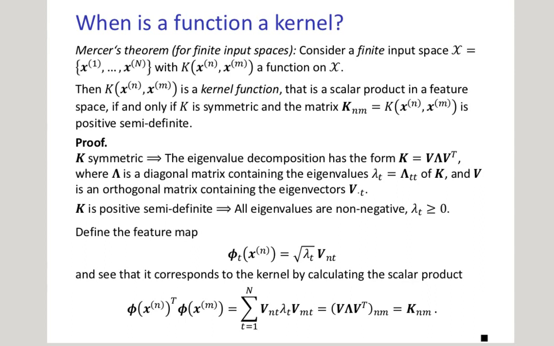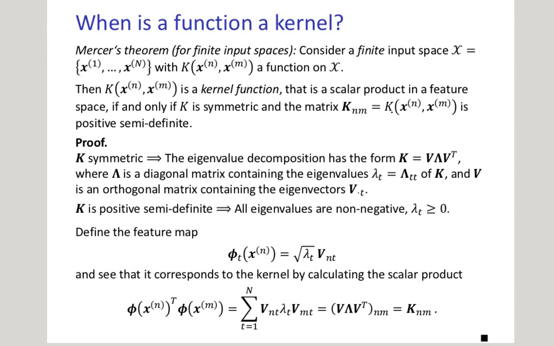If any function is symmetric and produces a positive semi-definite kernel matrix or Gram matrix in that feature space, then it's a kernel function. That means that there exists a map phi so that the function represents the scalar product in that feature space. We prove this property by explicitly constructing the corresponding feature map.